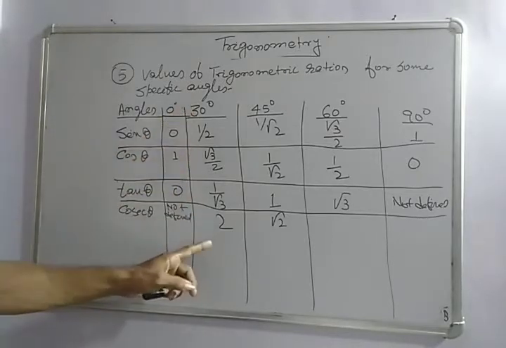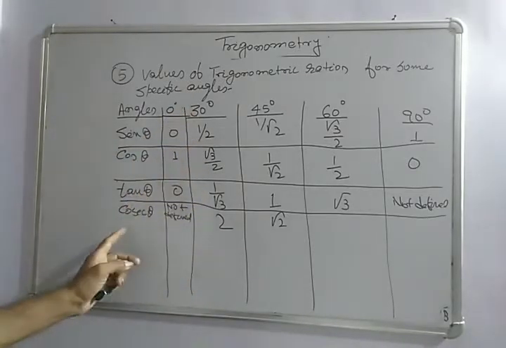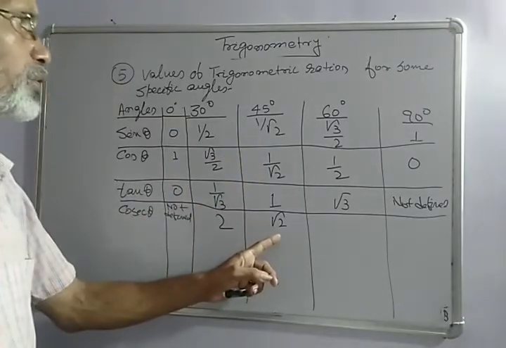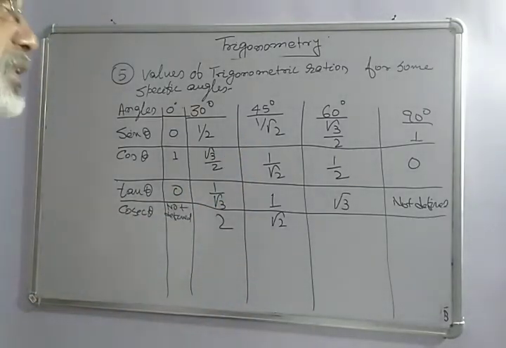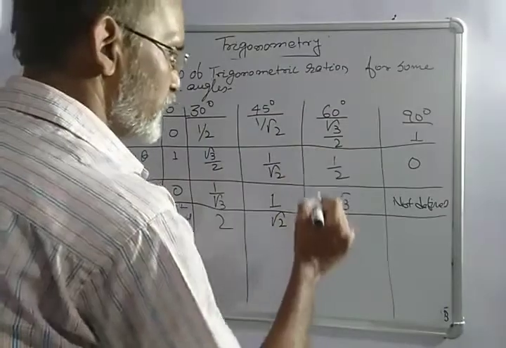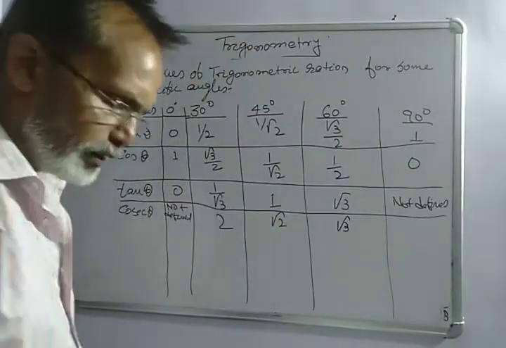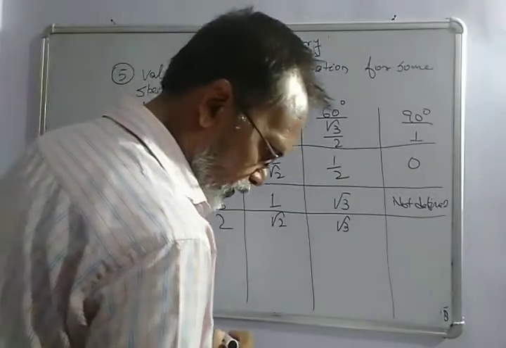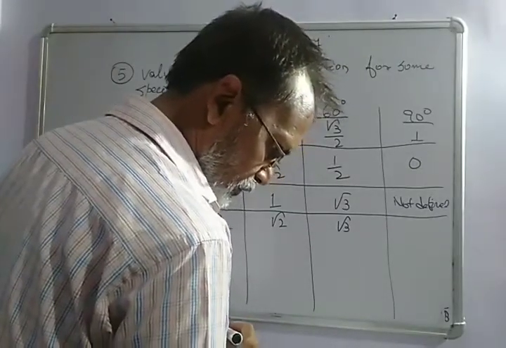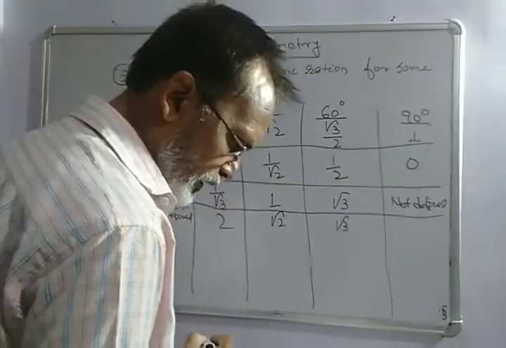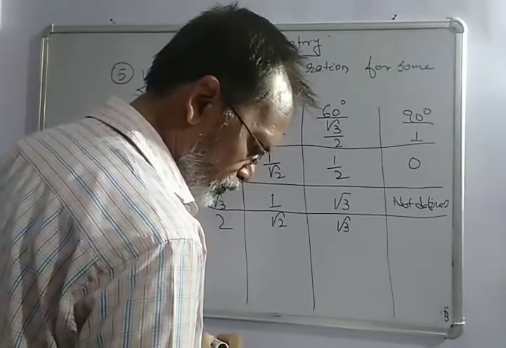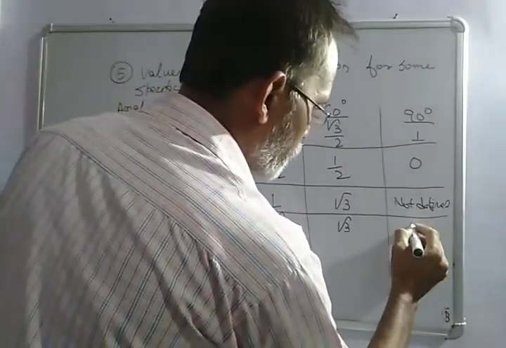Cosec 30 is equal to 2. Cosec 45 is equal to root 2. Then cosec 60 is equal to root 3, and then cosec 90 is equal to 1.